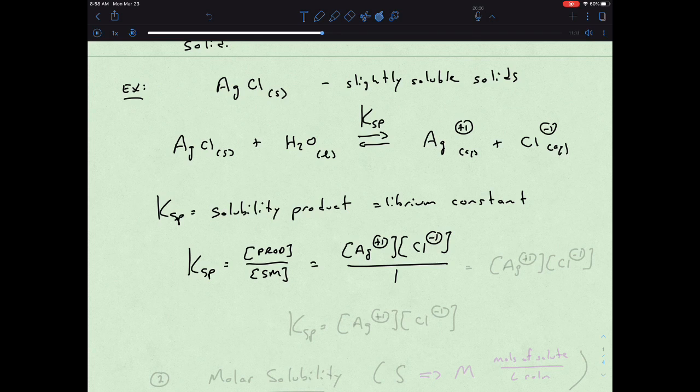And then we have water, which we have seen before with Ka and Kb is not part of the equilibrium constant, because it's a pure liquid and as a result doesn't have a concentration either.